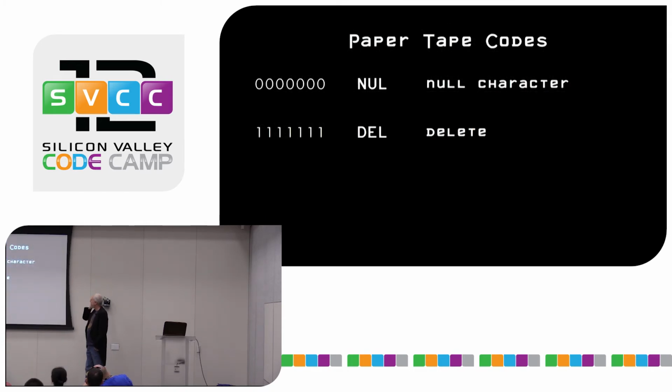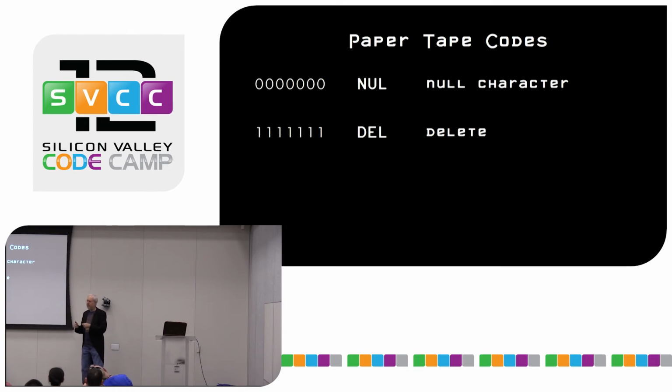So the first use of this code, like the later Baudot code, was going to be paper tape. And on paper tape, if no holes have been punched out of a row, then the code for that is 0. And all of the holes are punched out, the code is del.